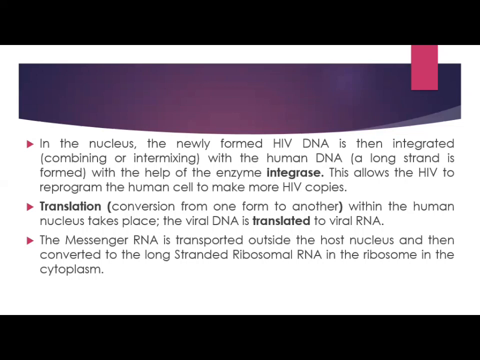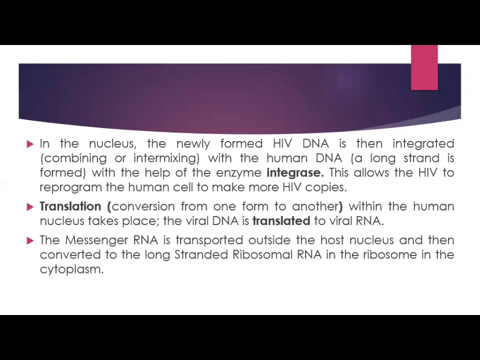And this will enable the human cell to produce more HIV copies, because the human DNA is now integrated with the HIV DNA, which means the human cell's DNA has HIV DNA in it. So when they are reproducing other genomes or the other DNA, that DNA will contain the HIV genome.